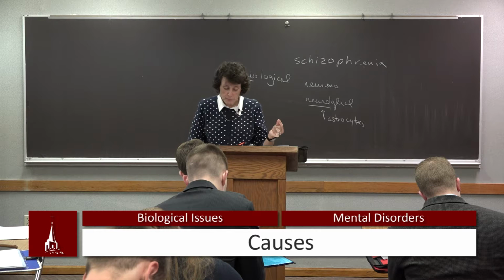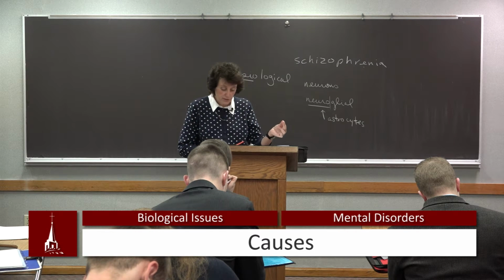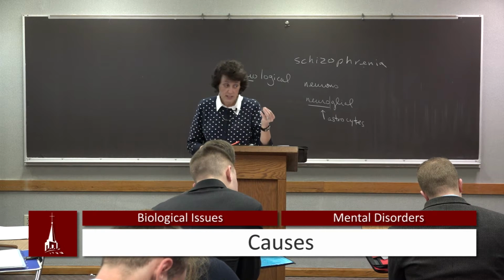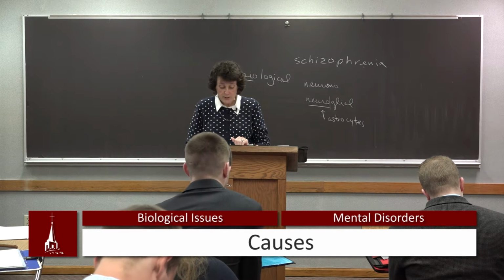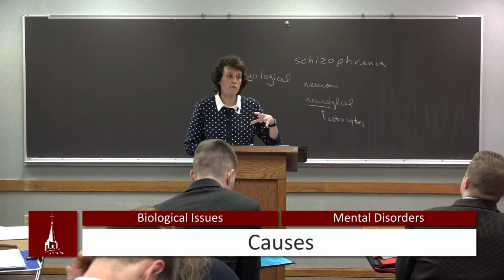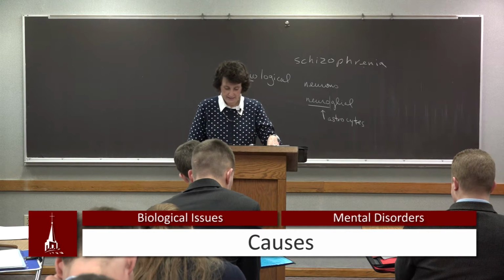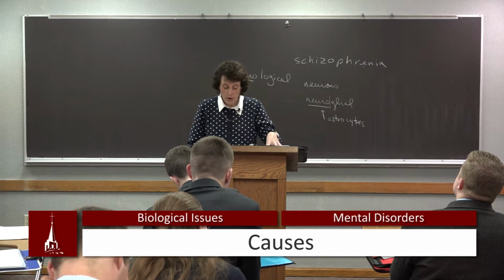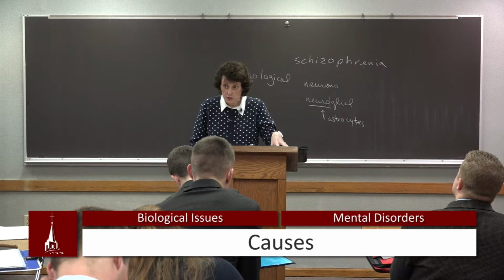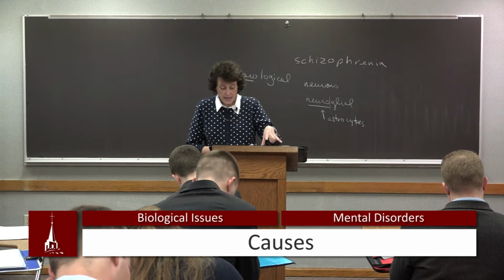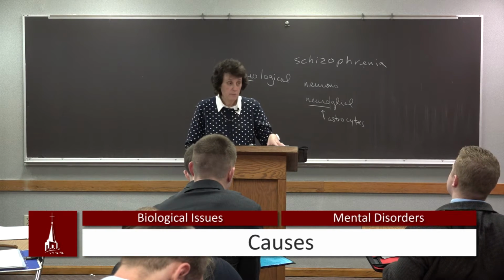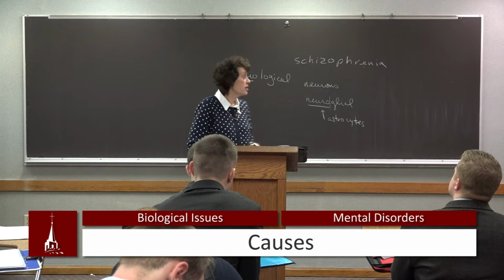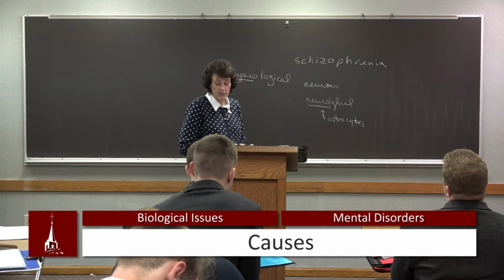Something's wrong with the structure of the brain, something's wrong with some of the cells of the brain, something's wrong with the chemistry or the molecules involved in brain chemistry. So these are abnormalities that involve the brain. We can find something abnormal in its structure, in its development, or in the brain chemistry. These have a physical cause, so we call them physiological.